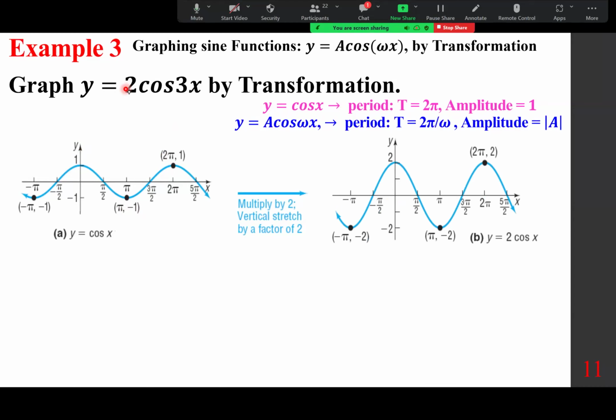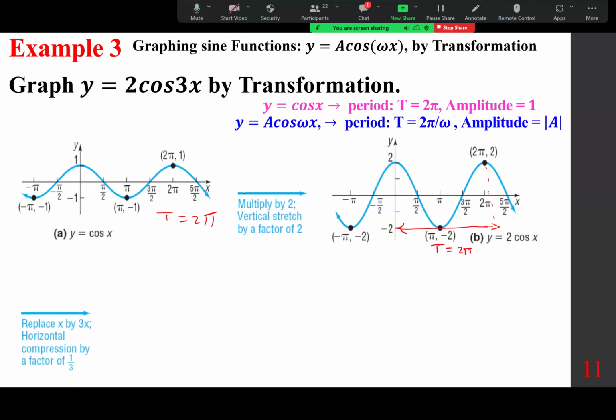Now, the effect of 3 is that the period here is 2 pi, and so is the period here. Now replace the x by 3x.